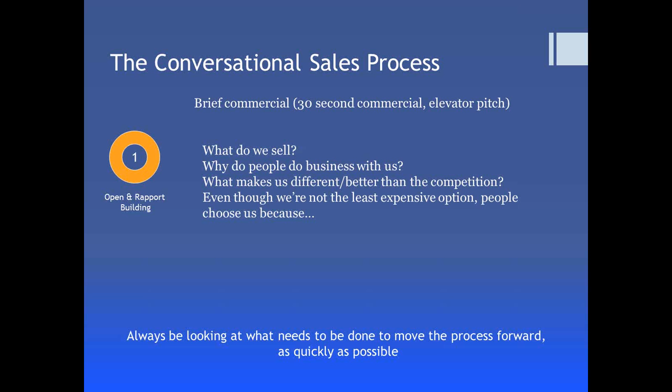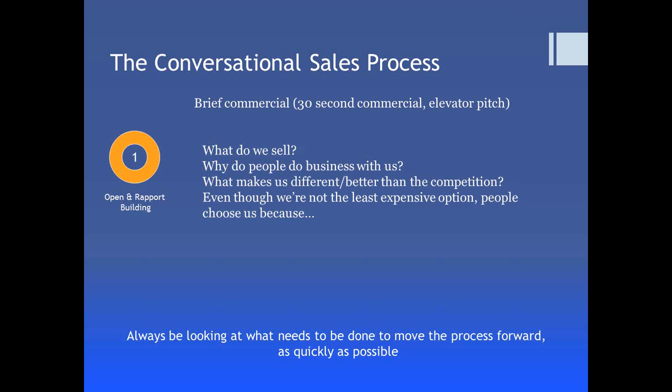So some of the questions you want to ask yourself in order to put together your brief commercial are the ones that are on the screen. What do we sell? What is it that makes people do business with us? How are we different, or how are we better than the competition?